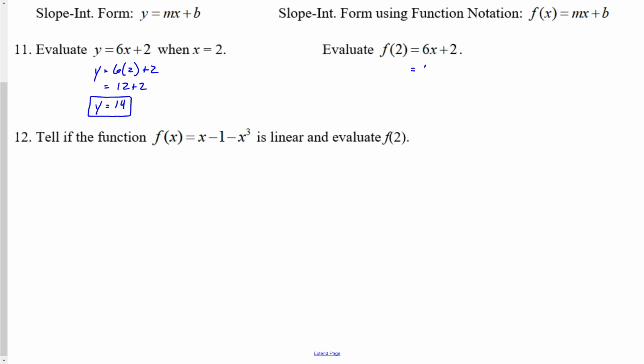So when we evaluate this, once again, this is the exact same problem using different notation. We're told to plug in 2 for x, then we follow order of operations and simplify this to get 14 once again. But now notice, when I write my final answer, if the original function was in function notation, your final answer should be in function notation.